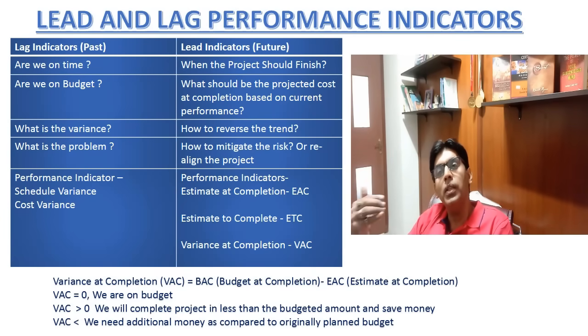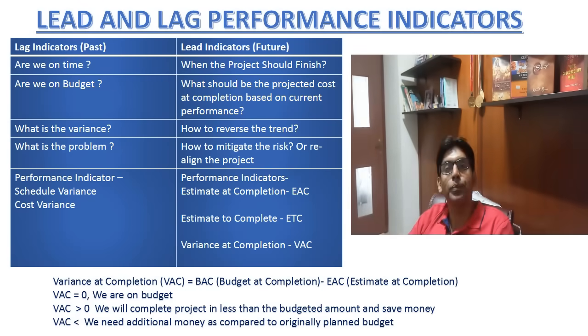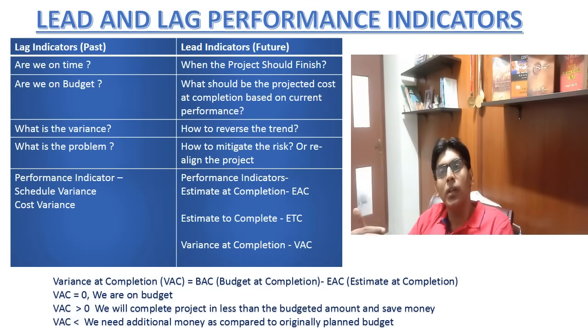When we assess actual performance against the planned performance, this is called reactive tracking. It tells us whatever has already happened. Some examples of performance indicators of reactive tracking are schedule variance, which tells us whether the project is on schedule, ahead of schedule or behind schedule.